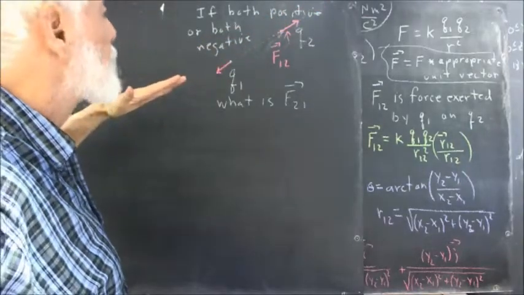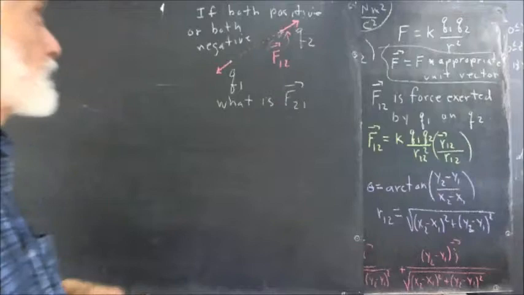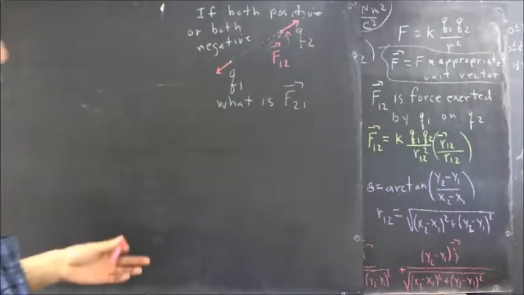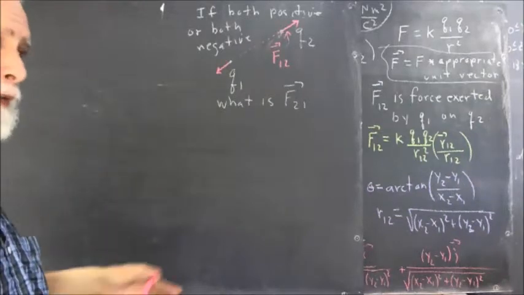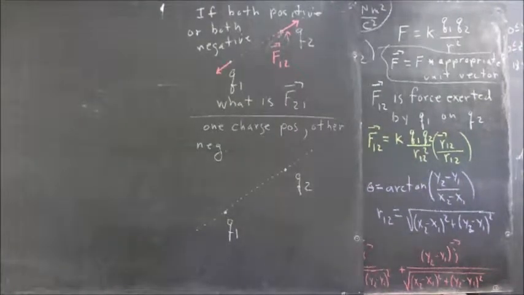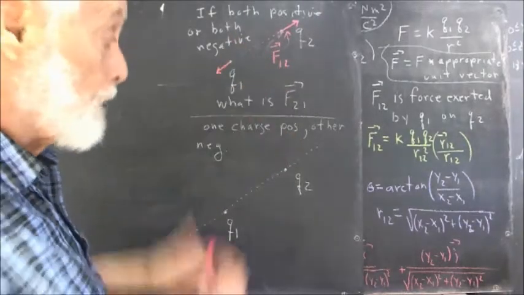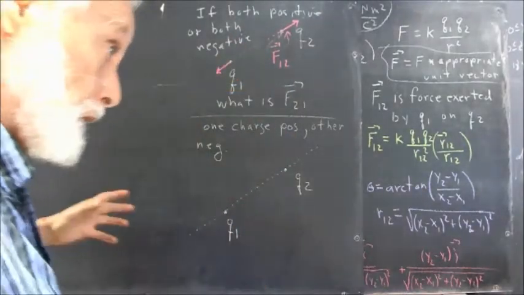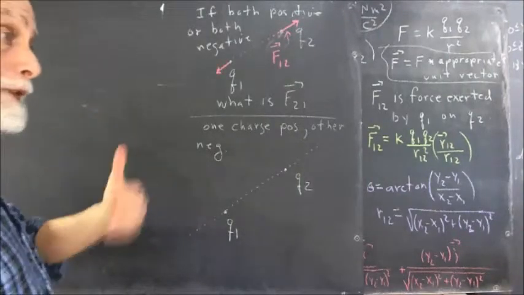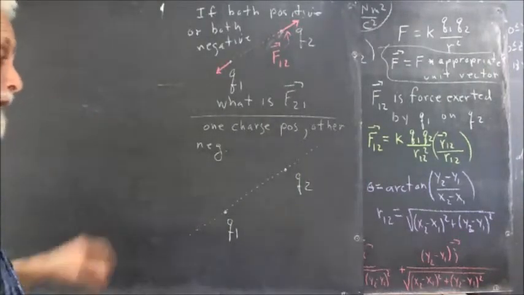Okay? Now, can you sketch if the charges are unlike, if one is positive and the other is negative? Okay, hopefully you've done that. I've drawn the charges. You could have drawn them anywhere, as long as they're not right together. But if they're unlike, one positive, one negative, then the force will be one of attraction.